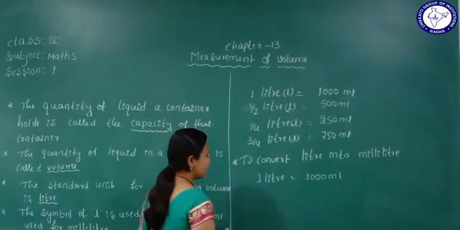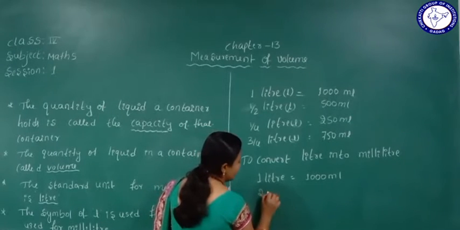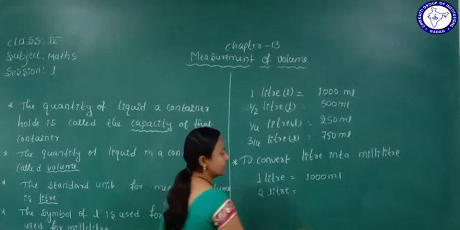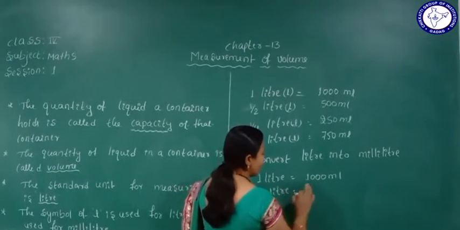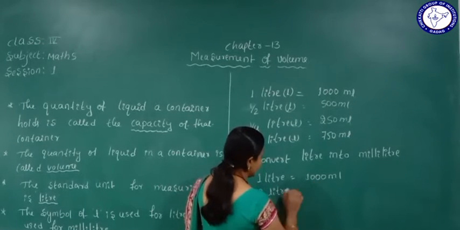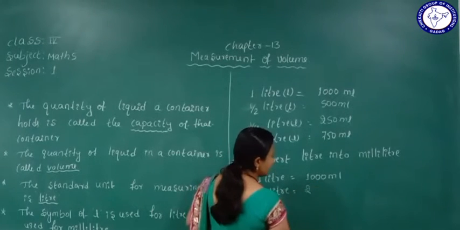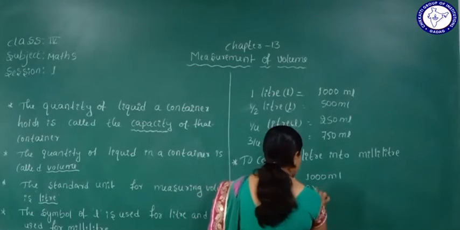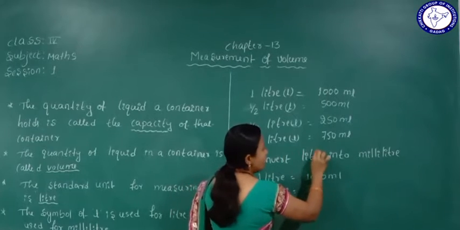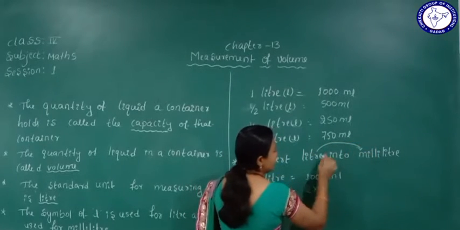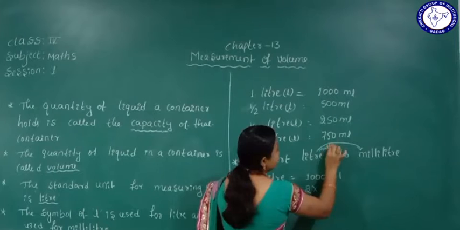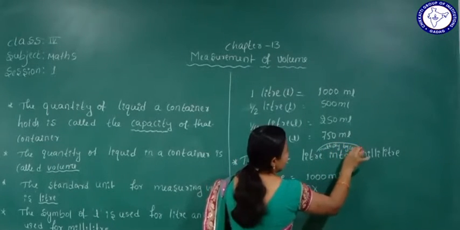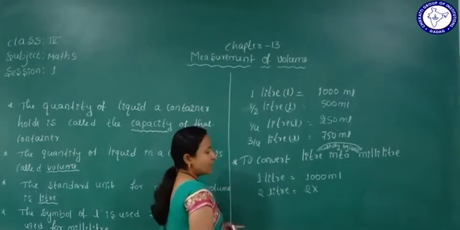If we take 2 liters, how will we convert to milliliter? It is already given 1000, so 2 liters I'll write here. Next, what will we do? Converting liter to milliliter, we multiply by 1000.